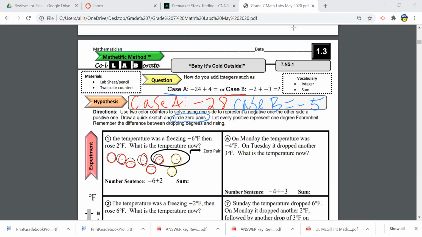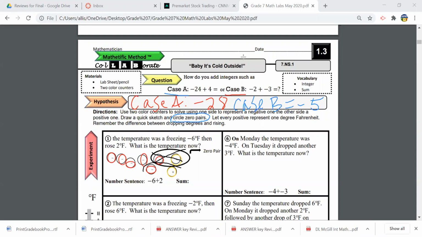1, 2. So when you draw these, you can just draw your circle and then put in a plus or a minus sign in the middle just to represent positive or negative. Okay. All right. So I'm going to circle the 0 pair, which is already done for you here, the first one, so that's 0.